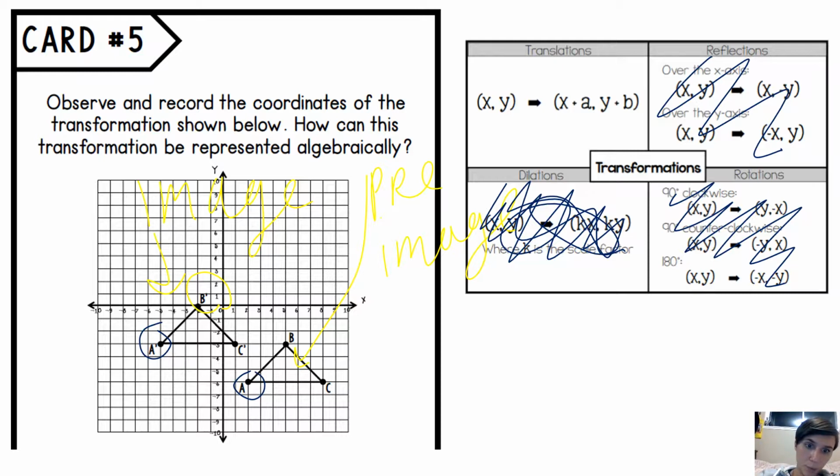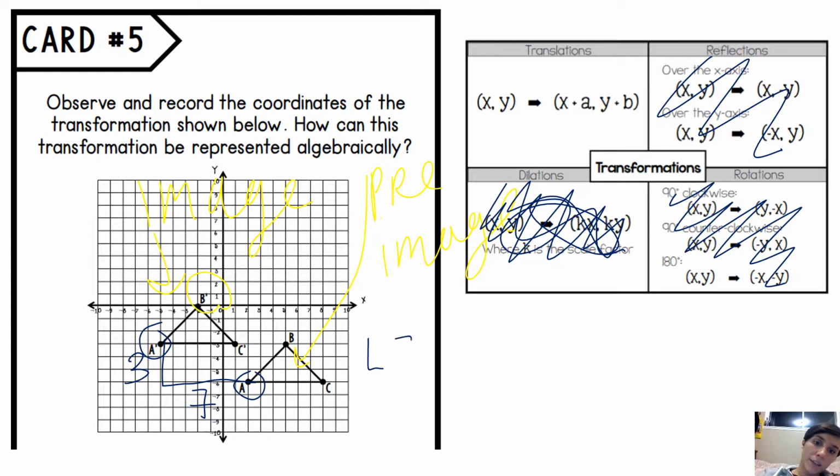Well, if we started in the pre-image, we're going to see how many we go over and how many we go up. So we went from -2 over to -5, which is 7 to the left, and then it went up 3.